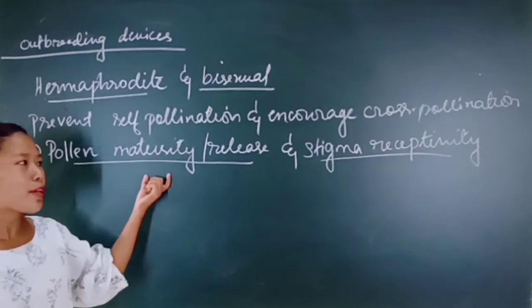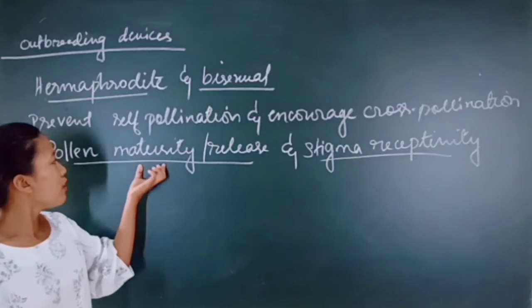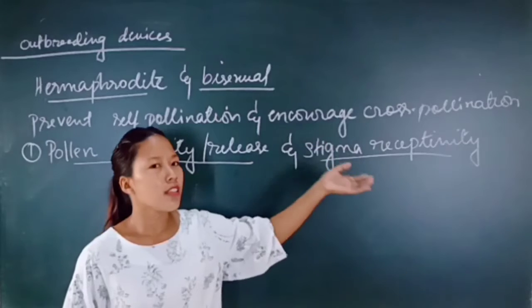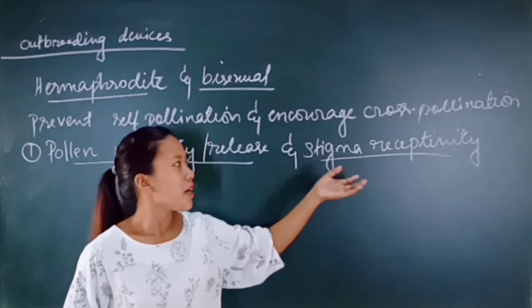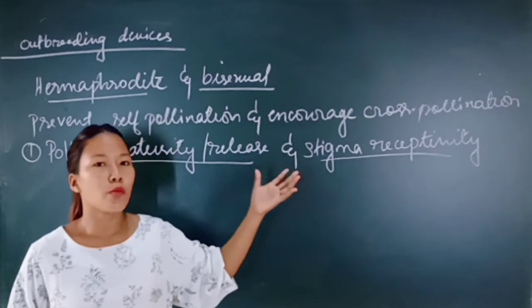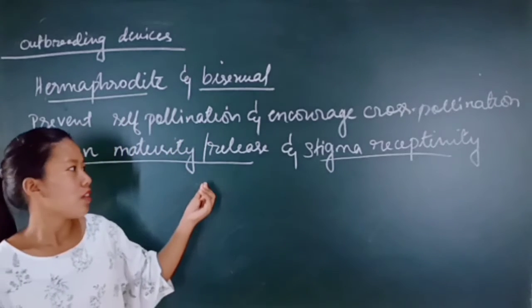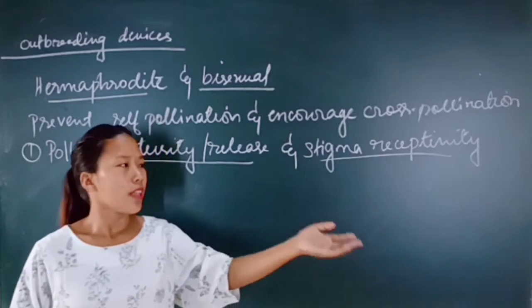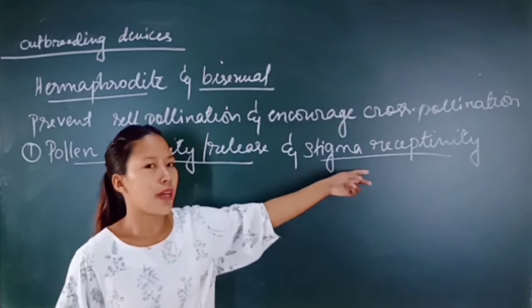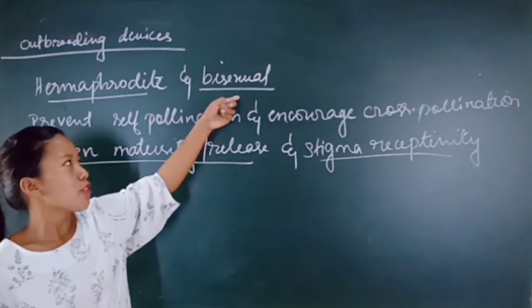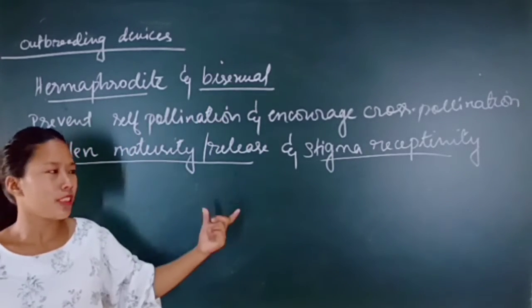Suppose the pollen may mature first, and when the pollen is released, the stigma may be still immature, and will not be ready to take the pollen grains. So in that way, they can prevent self-pollination. Pollen grains from this flower may go some other place, and it will not be pollinated by this same stigma, okay? This is in bisexual flowers, where both male and female parts are present.